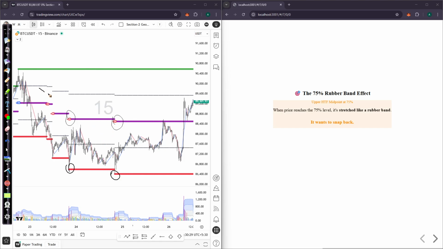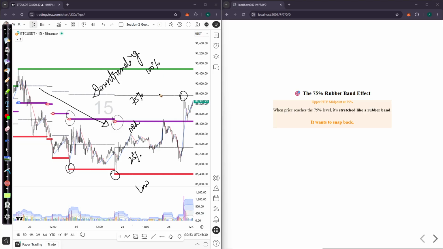So this was downtrending already, right? Now, as the market comes to this 75% level, so this is your low, this is your 25%, this is midpoint, and this is 75%, and this is your 100%.